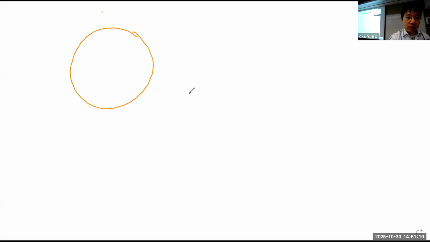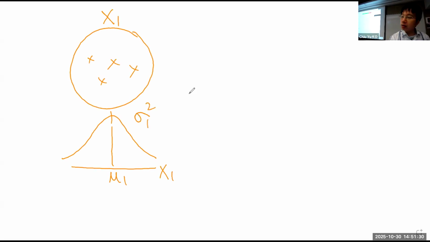So you have population 1, with some observations here. This will follow a bell curve, as we mentioned, which has mean mu1, and we assume variance sigma 1 squared. You collect the sample mean, it is still here, but much thinner.